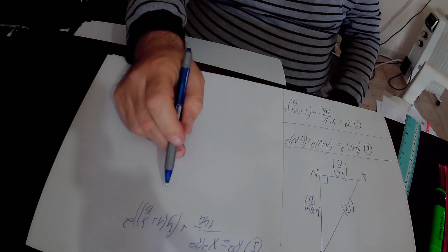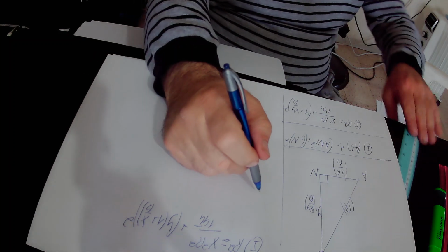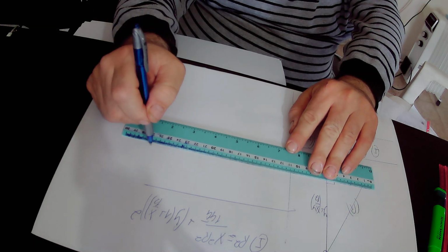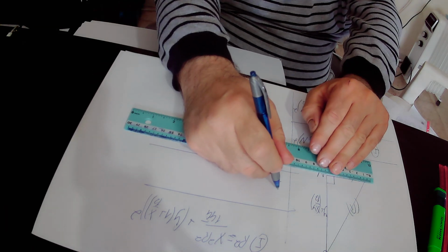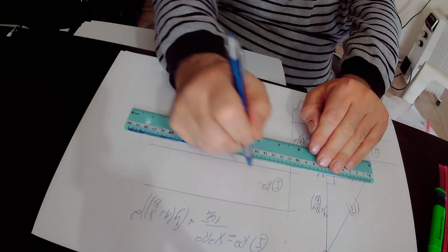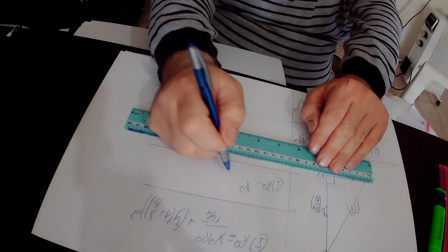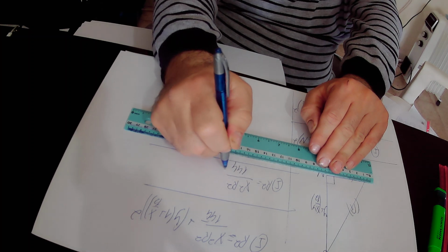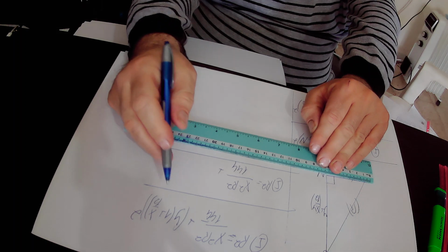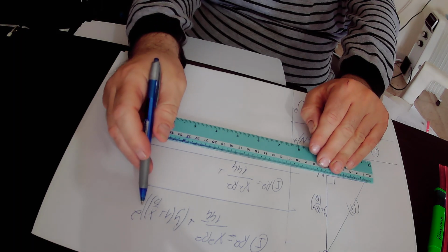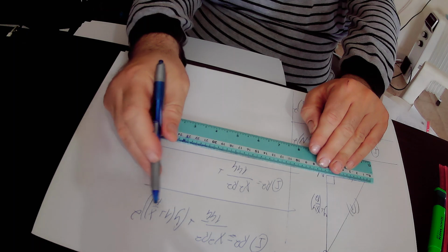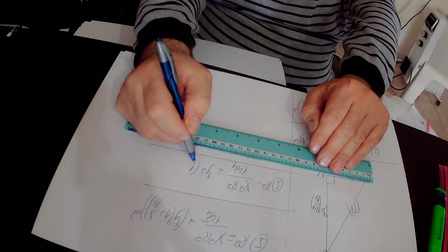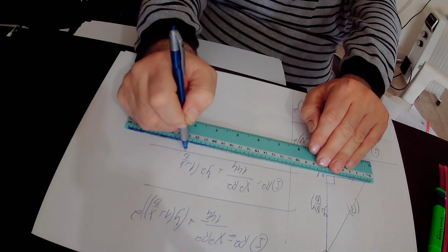Here we open the brackets of this expression, and we get that according to this equation 1, R squared equals X squared times R squared over 144 plus, here we will open the brackets and we get Y squared, and here we have 1 plus X over 12, also squared.